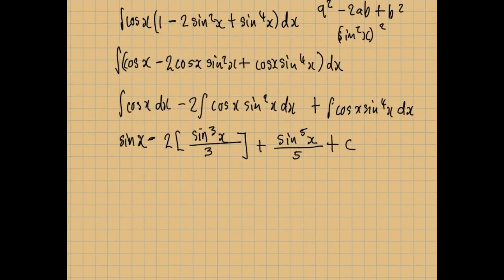So this is how simple it is, and therefore it's equal to sine x minus 2 sine cubed x over 3, plus sine to the 5 x over 5, plus the constant of integration c. And then you would have fully evaluated your integral by knowing this.